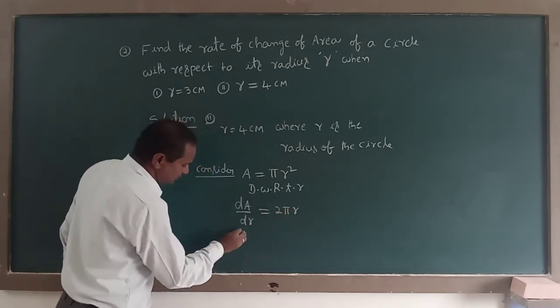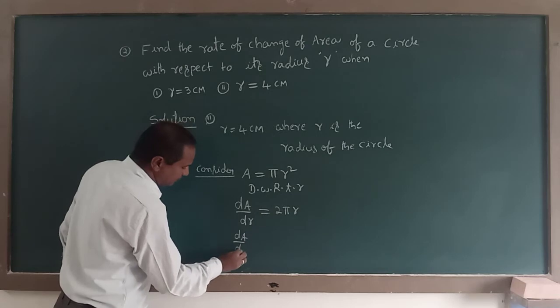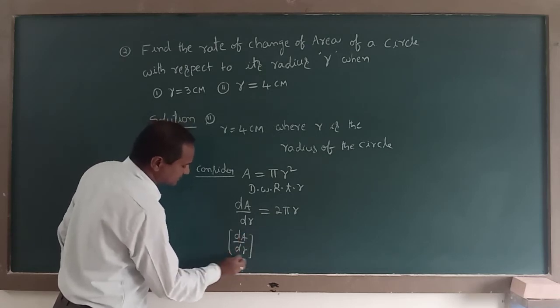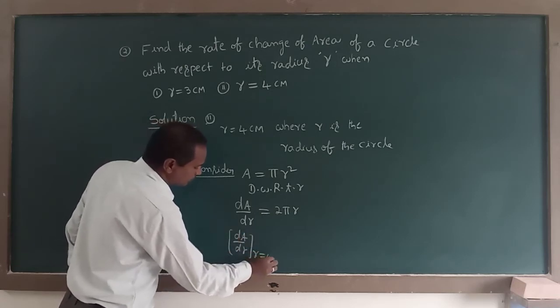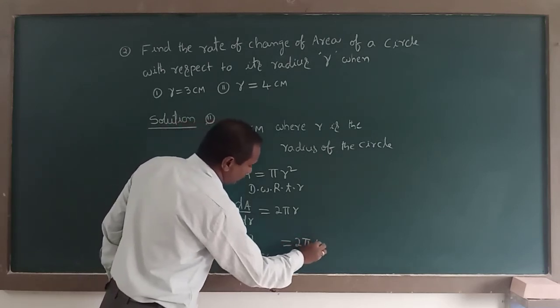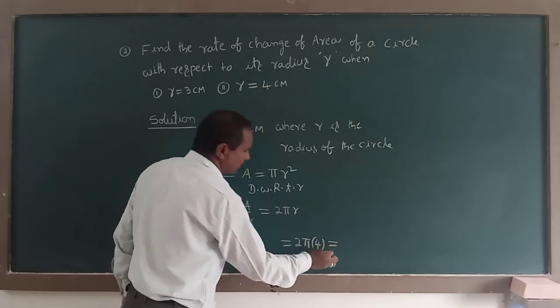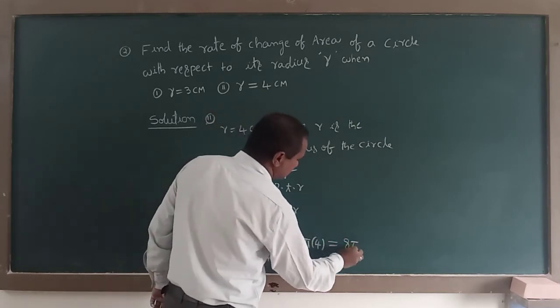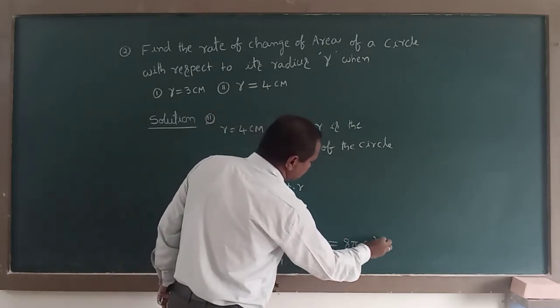At the same time, dA by dr when r is equal to 4 centimeters is equal to 2 pi into 4, which we can write as 8 pi centimeter square per centimeter.